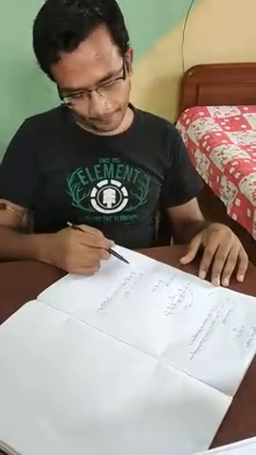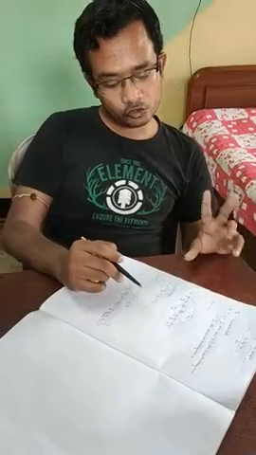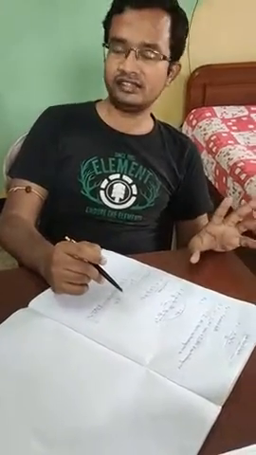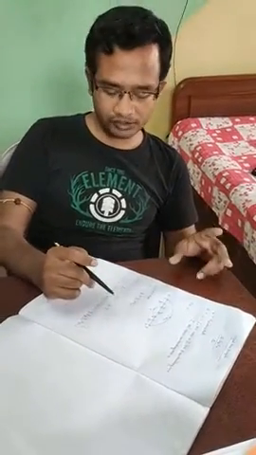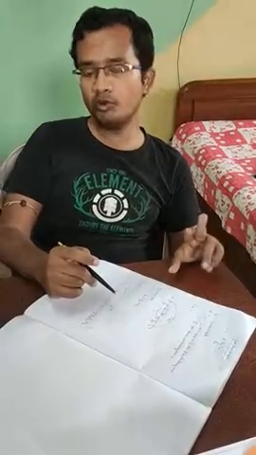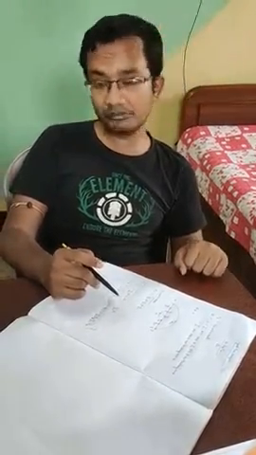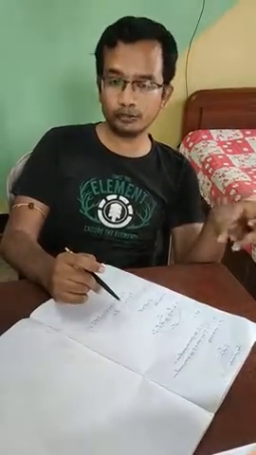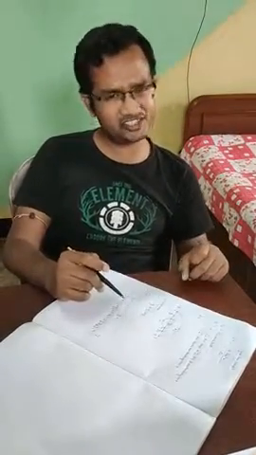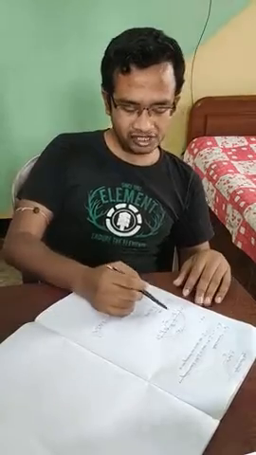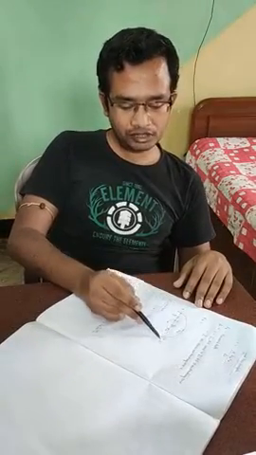Now see, if there are two or any multiple number of loops in which there is no common node or no common branch, then those sets of loops can be termed non-touching loops. Now let's examine. This is my second loop and this is my first loop.